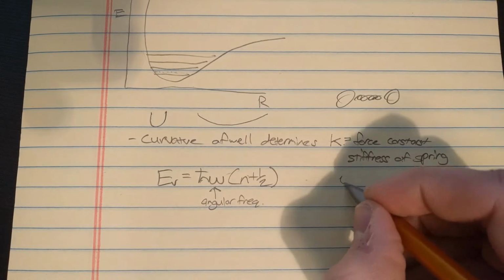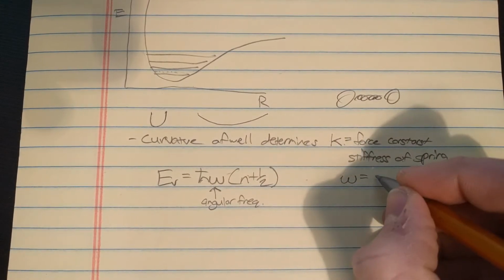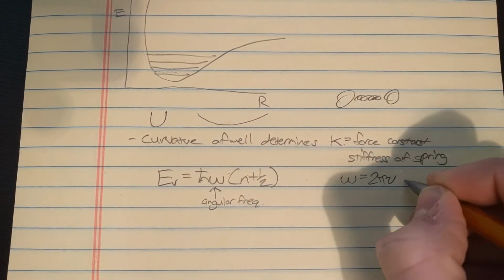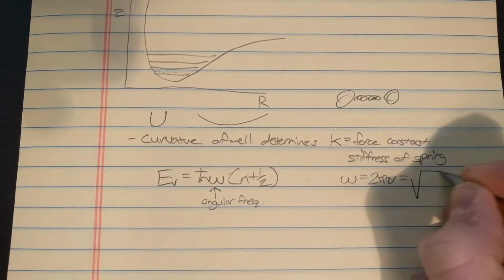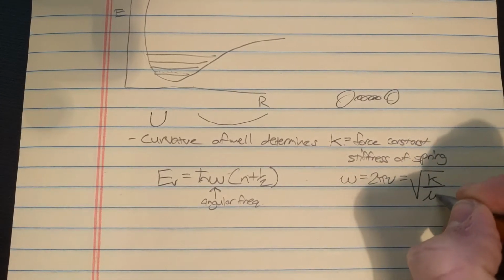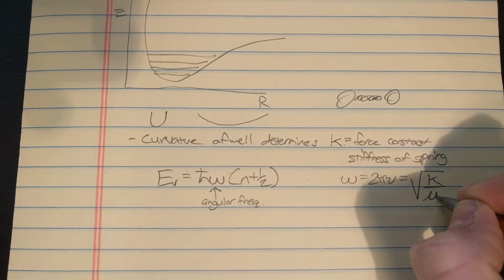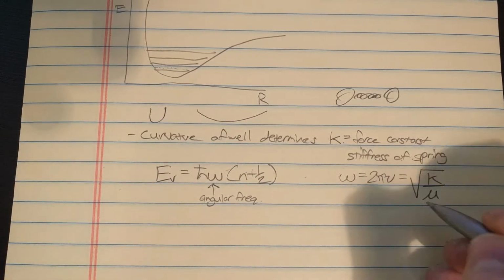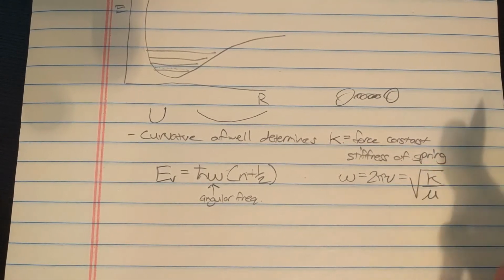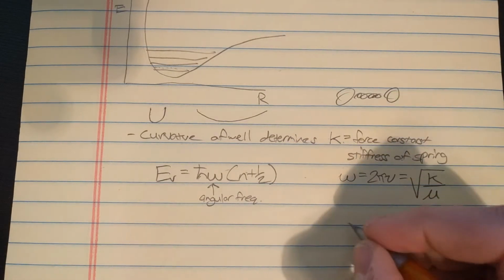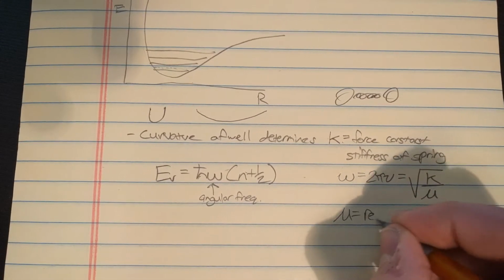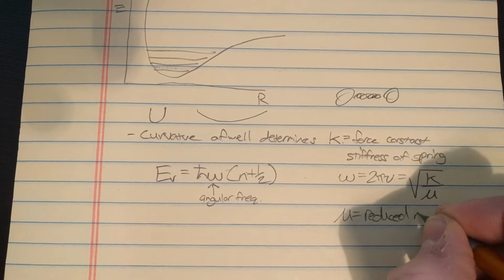And omega equals 2 pi nu, but also equals the square root of this force constant K divided by this thing mu, which is the reduced mass. So mu equals reduced mass.